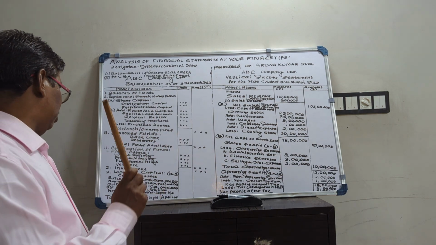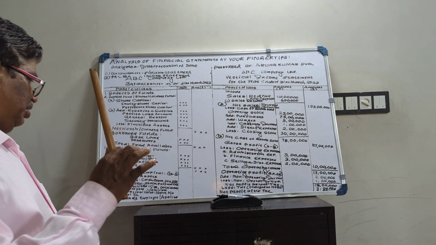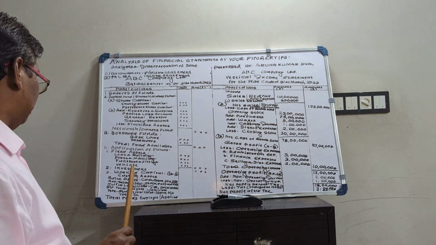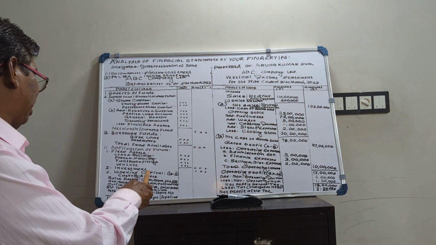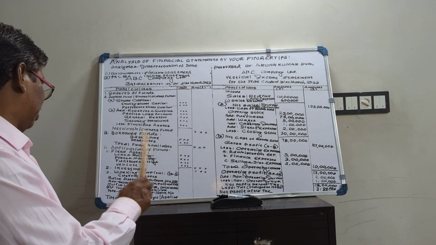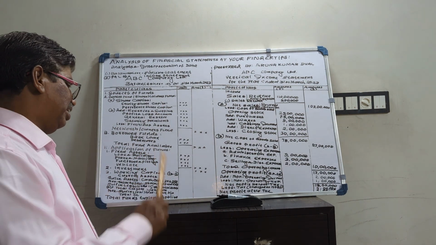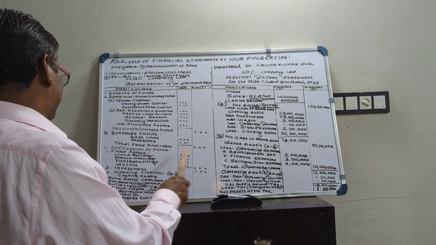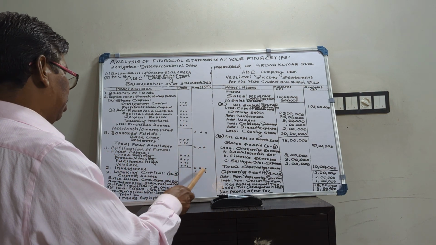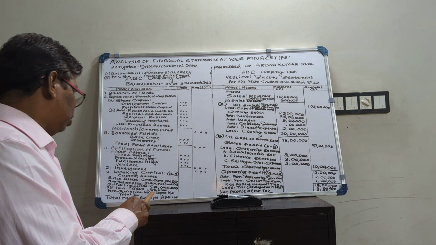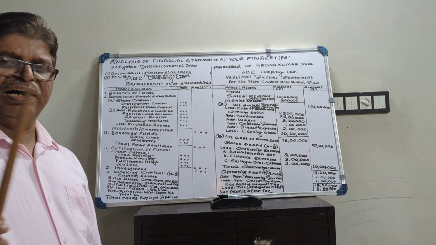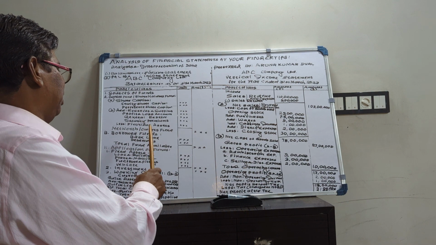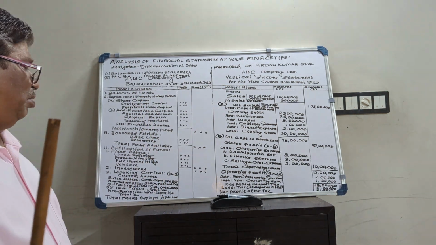So bank borrowing is excluded here to get the refined ratio, that is quick assets by quick liability. Then we will total current assets, deduct total current liability, and that will give us working capital. So in application of funds, we will take fixed assets plus investment plus working capital, which will give us total funds employed and applied.